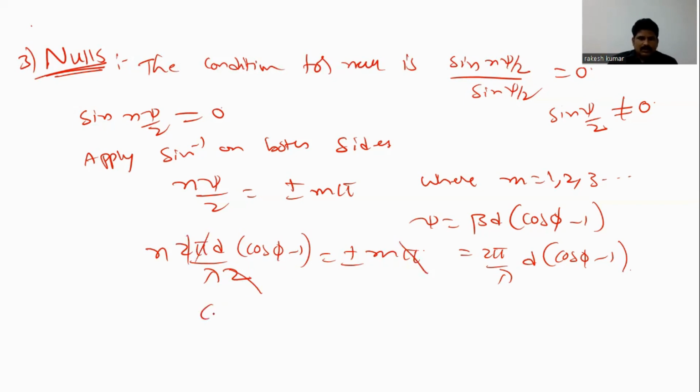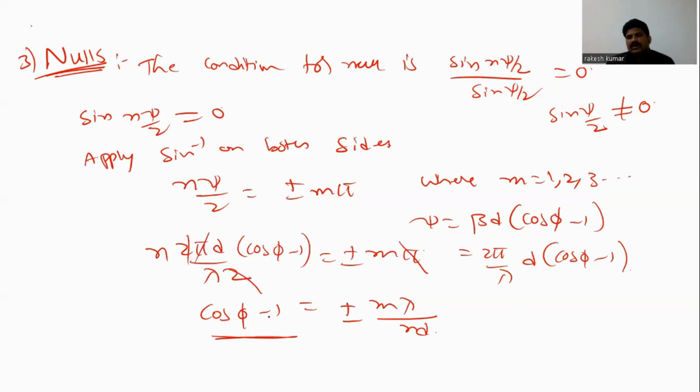So cos phi minus 1 is equal to plus or minus m lambda by n d. So what is the value of cos phi minus 1? You take any value. For example, let us take cos 0. Cos 0 is 1. 1 minus 1 is 0. Or what is the value of cos 90? Cos 90 is 0. 0 minus 1 is minus 1.